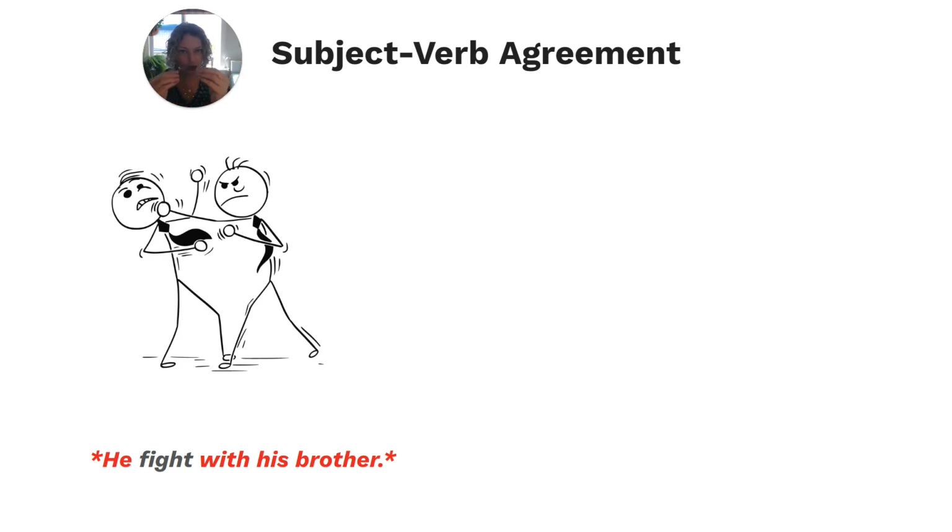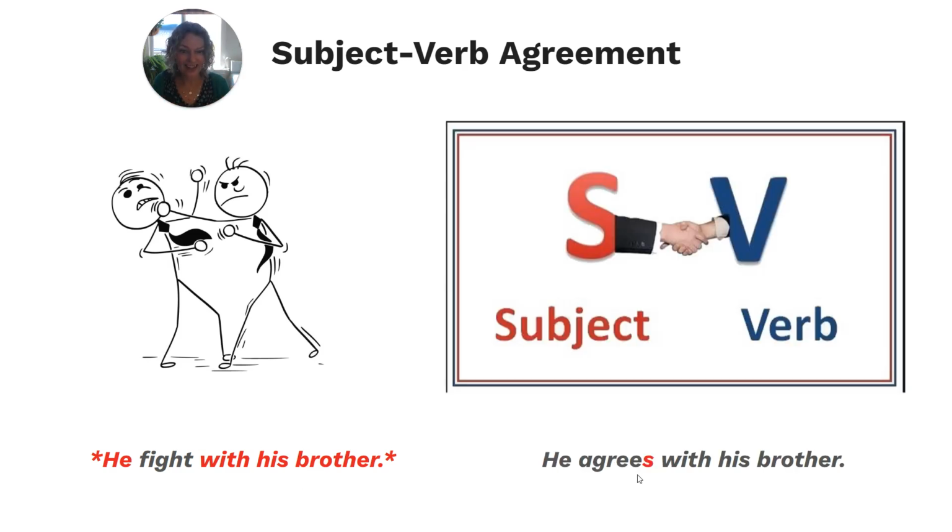They're not agreeing with each other. If they do agree, then the subject and the verb follow the correct form for that tense. So for the present tense, you need an S on your verb. So in this sentence, "he agrees with his brother," the subject and the verb are agreeing. They're getting along. They're matching each other.